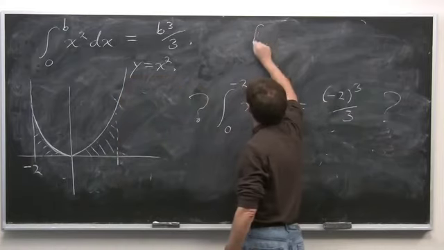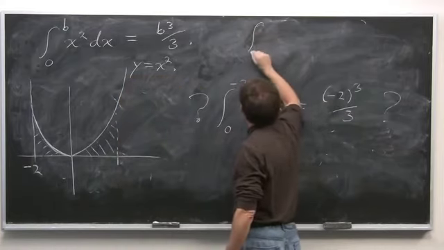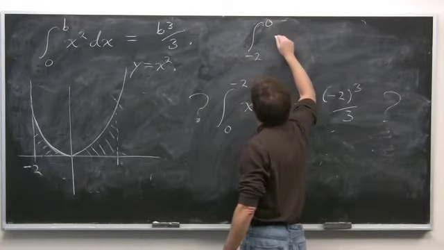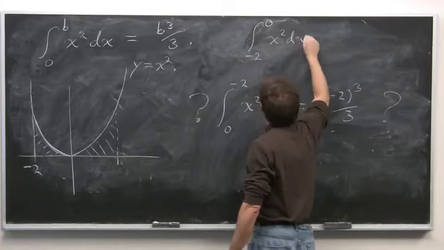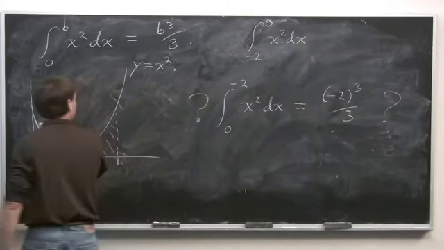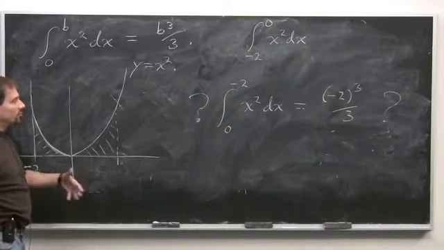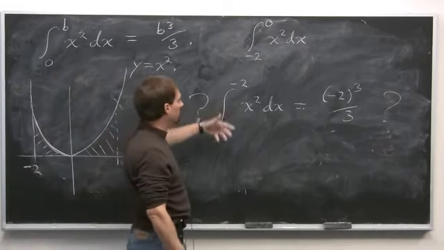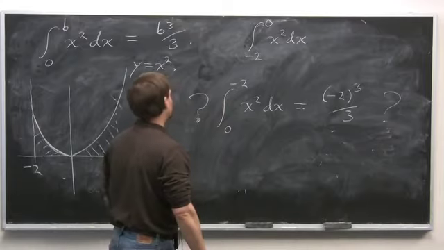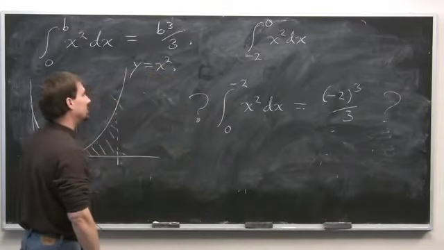So yes, the integral from -2 to 0 of x squared dx would give you the area under the curve. But the integral from 0 to -2, as we said, by definition, is negative the correct integral. Does that give us the right thing here? Yes.